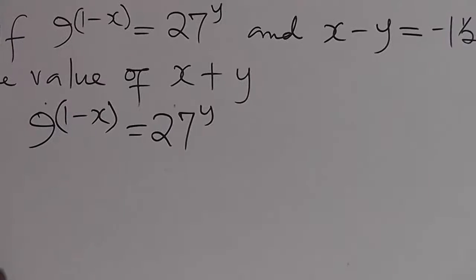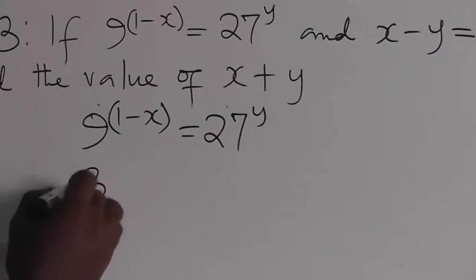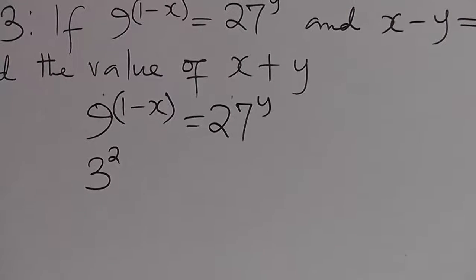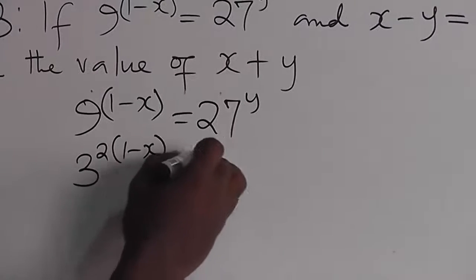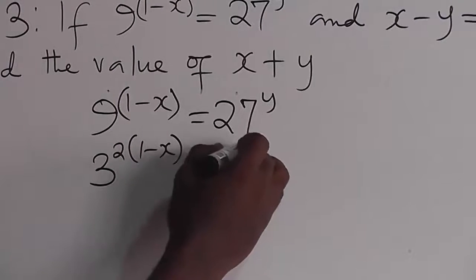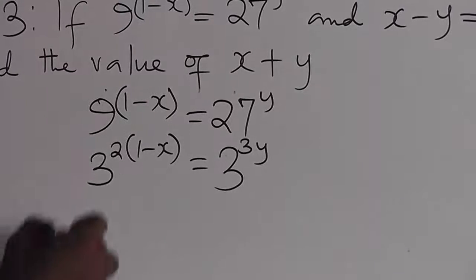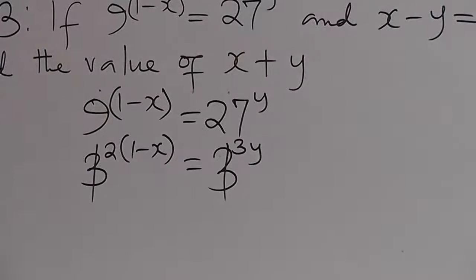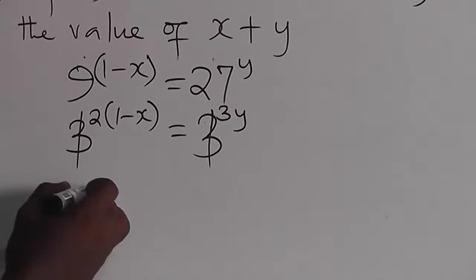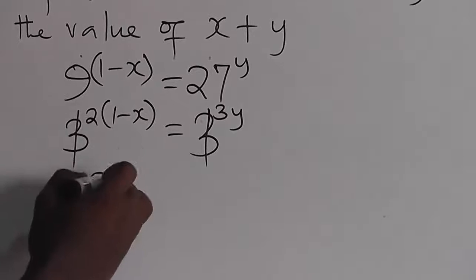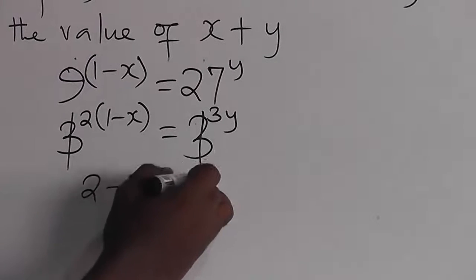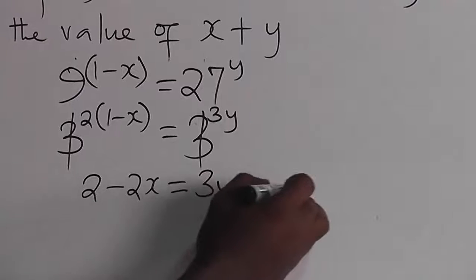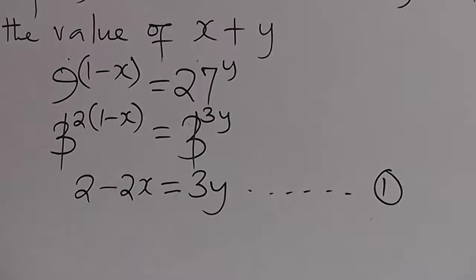The index form of 9 is 3 squared. That's 3 raised to power 2 into bracket 1 minus x is equal to the index form of 27, which is 3 cubed. Since the bases are equal, we can take them out. If we open this bracket, you have 2 times 1 minus 2 times x is equal to 3y. We have created our equation 1.